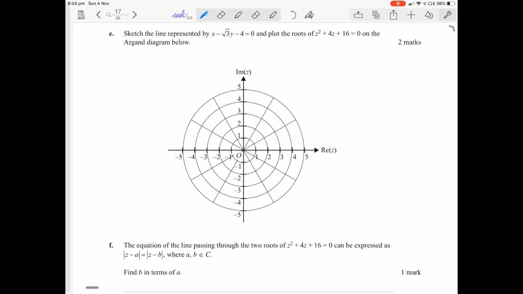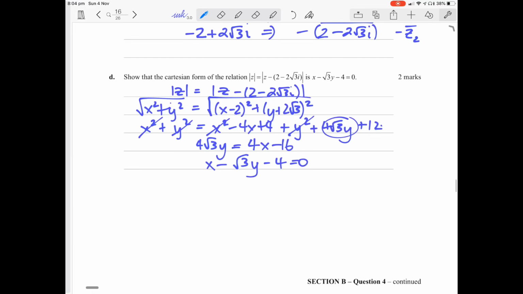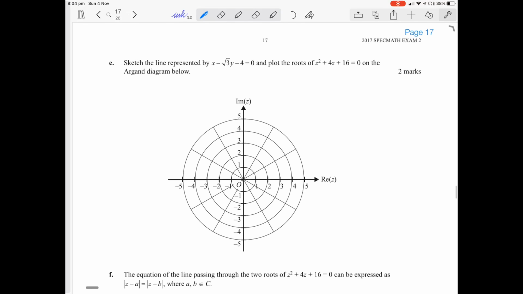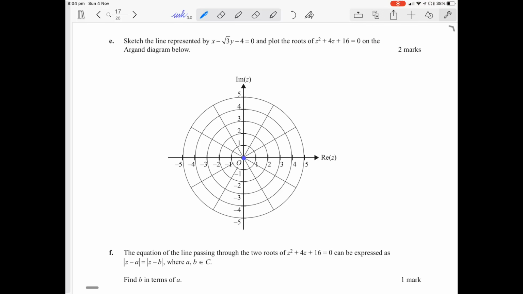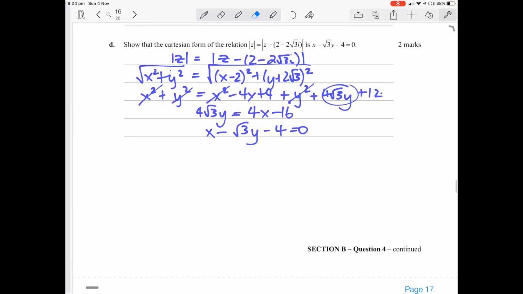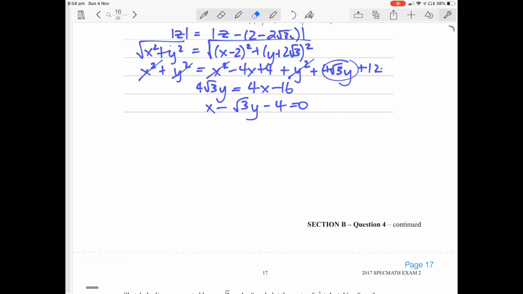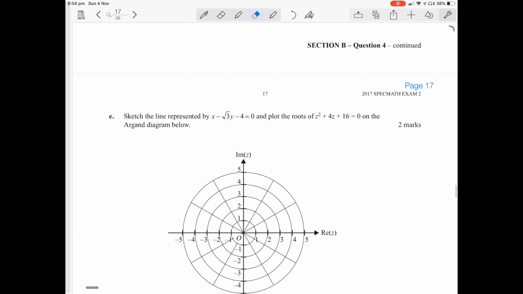Okay, sketch the line represented by that. So that's 0 and 2 minus 2 root 3i. Actually, it's probably better just to let y equal 0, and we get x equals 4.